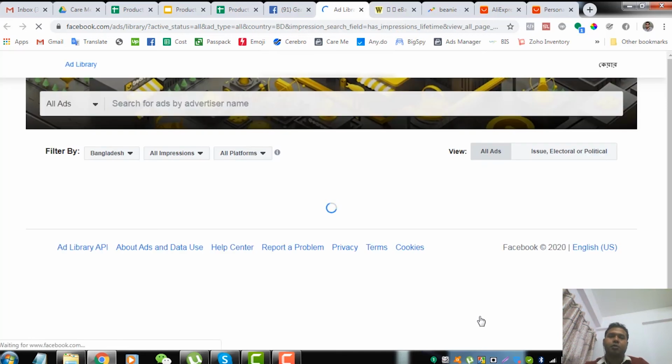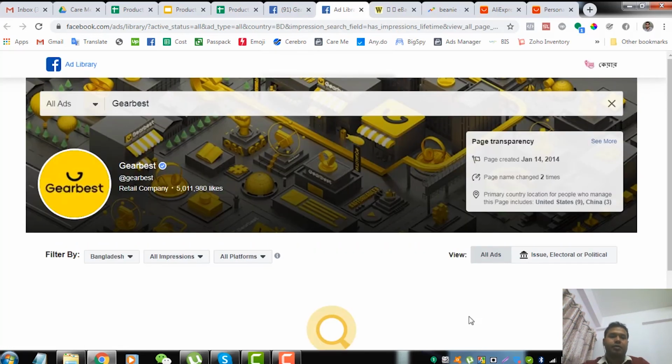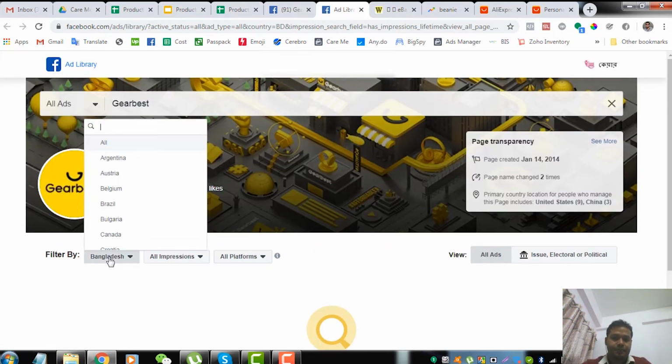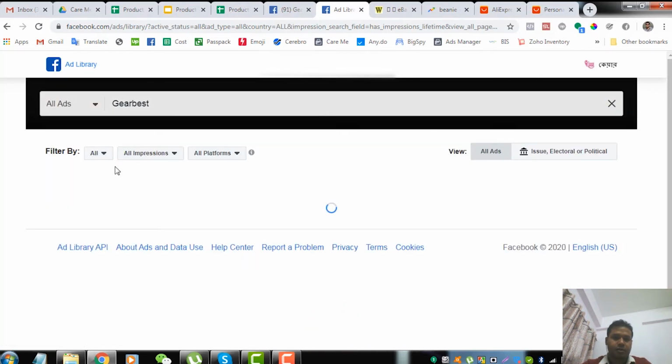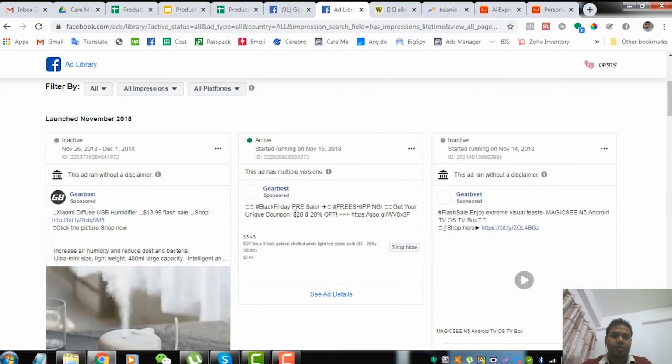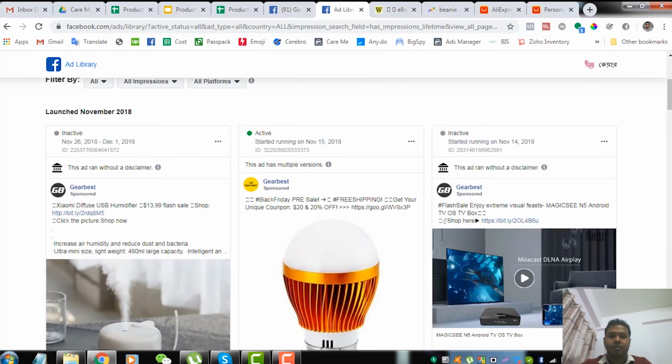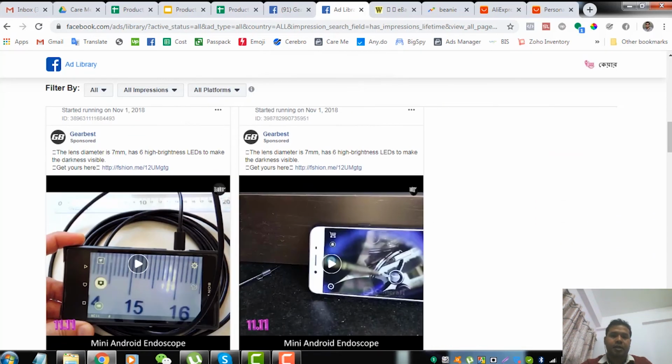Go to their ads library. If it's a very big page, you cannot scroll down through all the posts they published. Rather, you go to their products library, which is available for many pages, and you can see what products they are advertising.